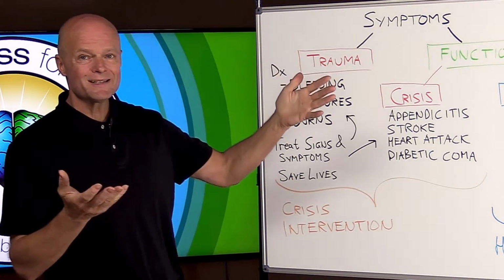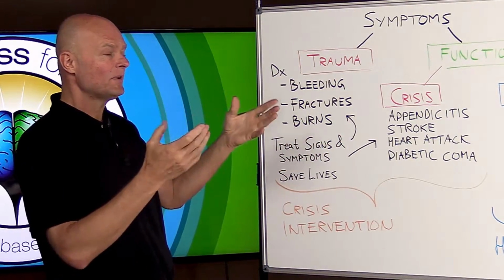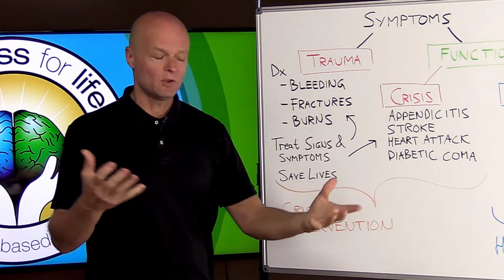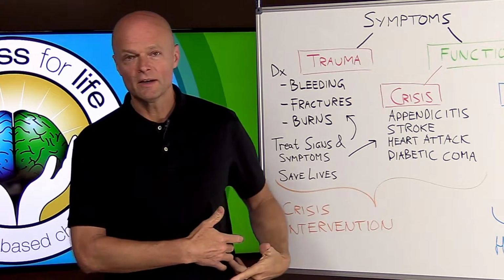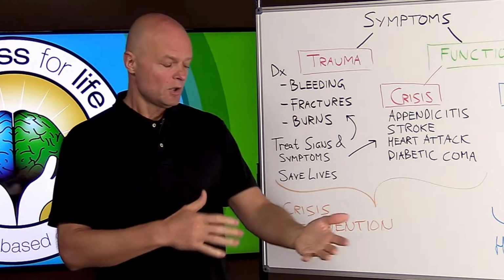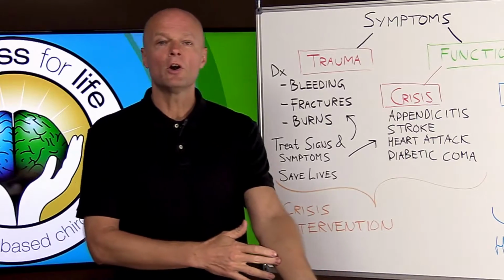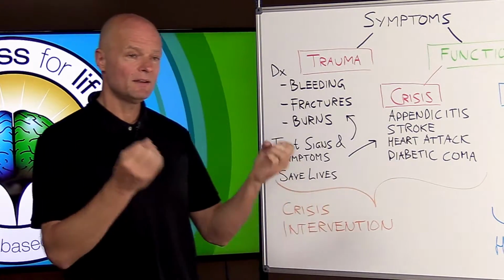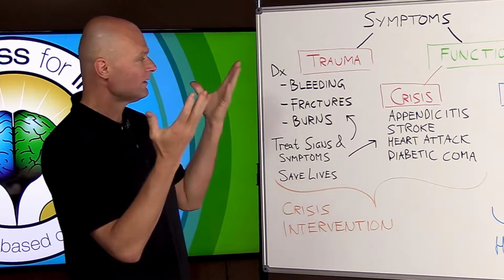Trauma obviously is an accident. It's something that happened. You fell down the stairs, you're in a car accident, something happened. So the diagnosis in a trauma would be that you're bleeding from your abdomen, or from your arm or something like that. Then they want to sew it up and fix it.